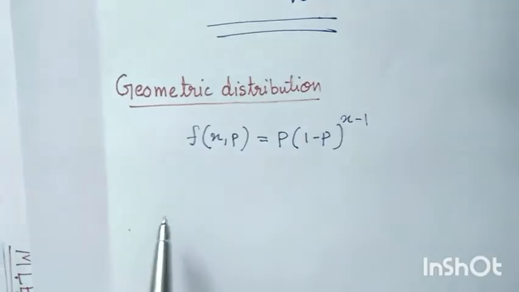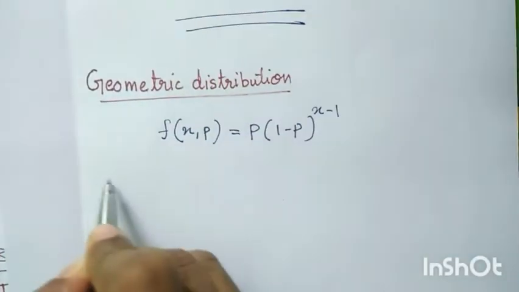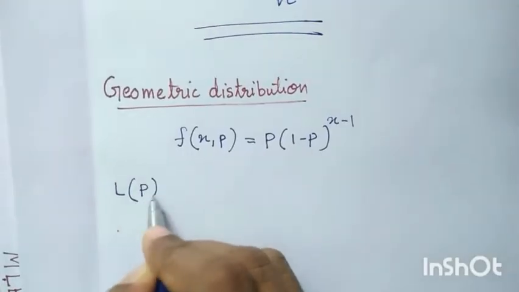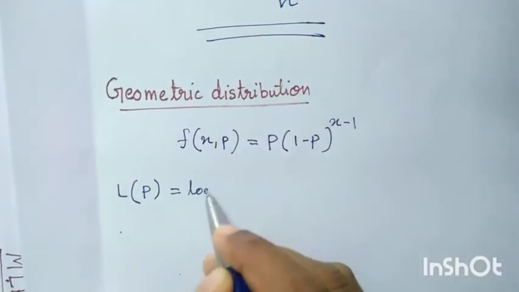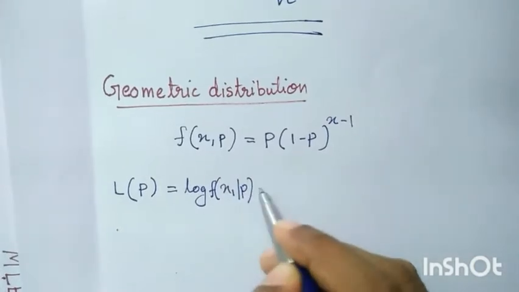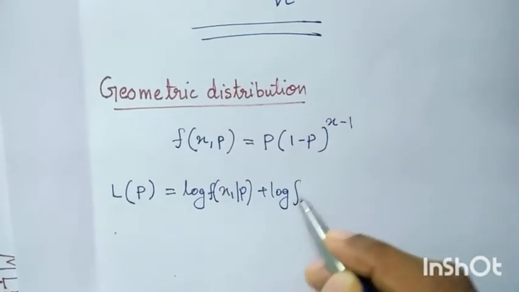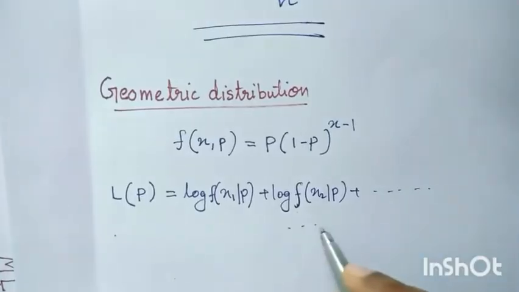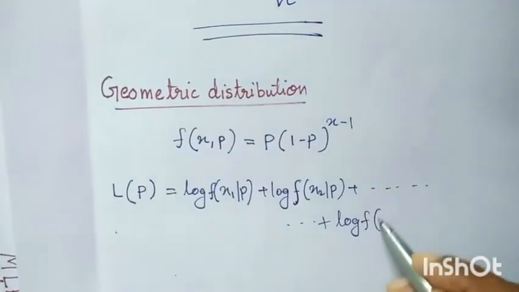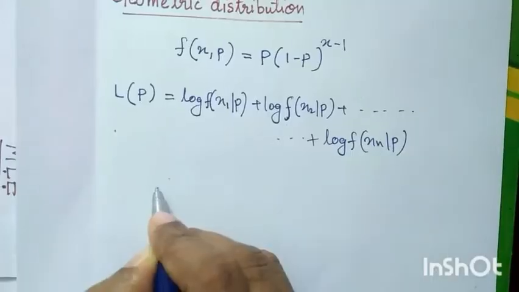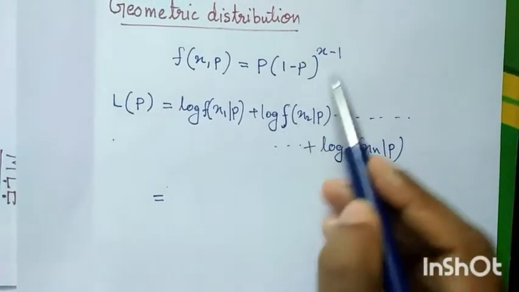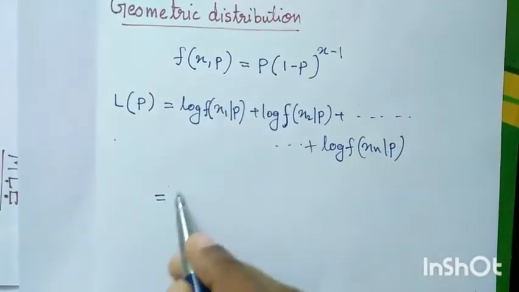So now you have to write the log likelihood function, that is L of p, since the parameter is p. L of p is equal to log f of x1 given p plus log f of x2 given p plus etc. plus log f of xn given p, which is equal to, now in place of the function we are going to replace this equation.